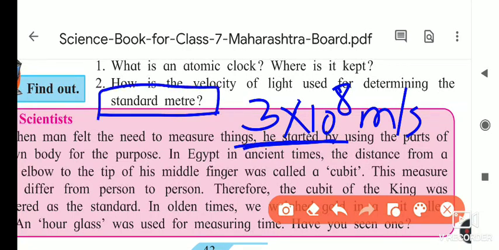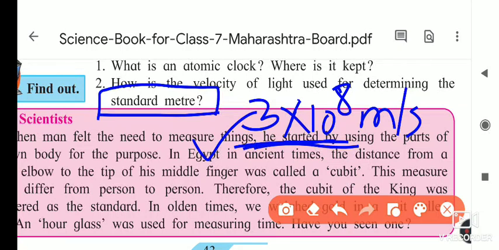Understood what I said? This is the speed of light, and 1 part of 3 into 10 raised to 8 meter per second, we are taking it as the standard meter. In this way the velocity of light is used for determining the standard meter.